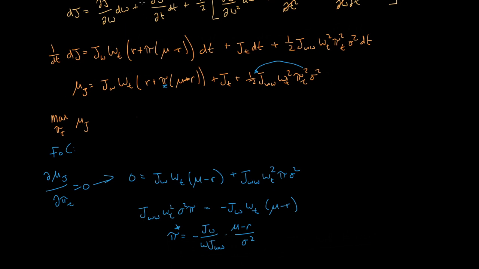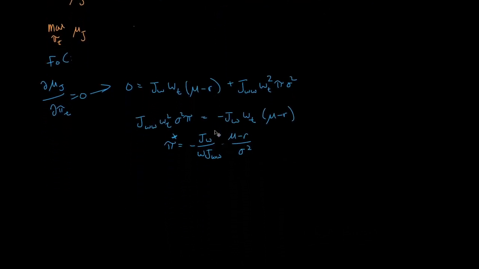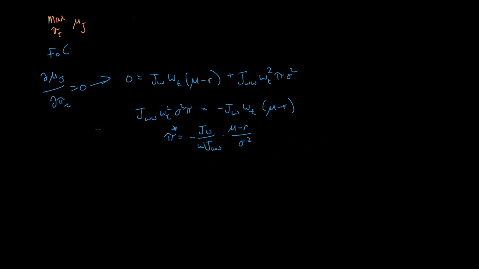We can do two little things to clean it up. The first is that we're going to define this term gamma just as before, and we're going to define it as the inverse of what we have over here. So W J_WW over J_W, so that our pi star will become 1 over gamma times mu minus r over sigma squared.